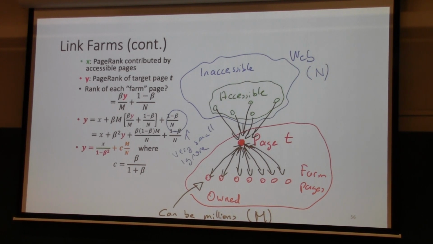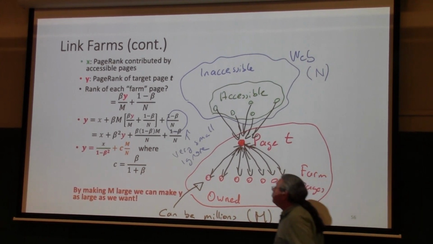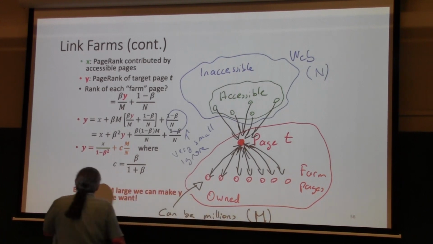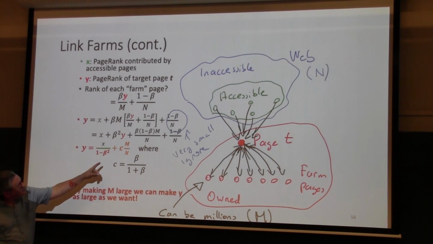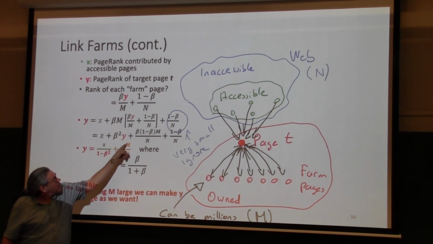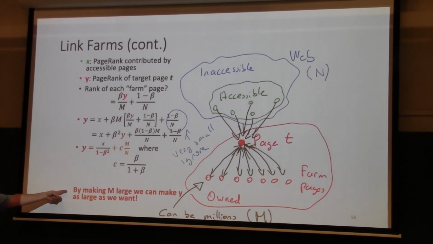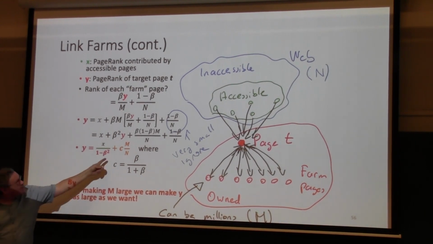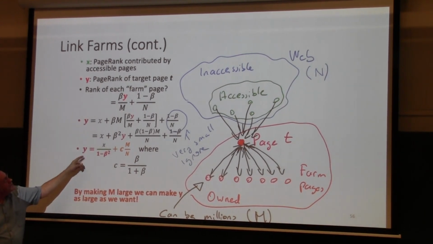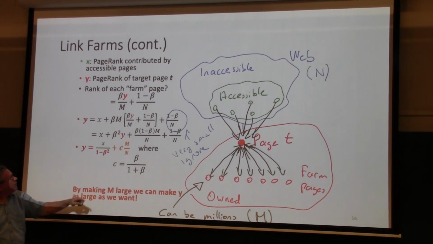Okay? What can we learn from this? How can we increase now the page rank of y? Notice there's this m factor here. By making m large, we can make y as large as we want, independent of everybody else.